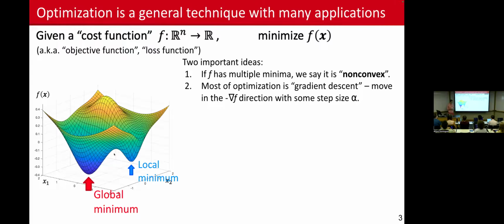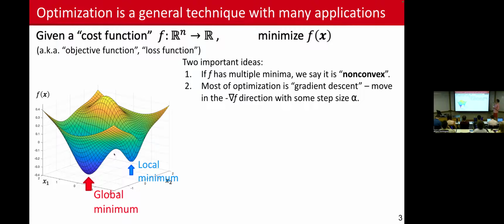Okay, so some basics in optimization. All optimization means is you have what's called a cost function, or you can call it an objective function or loss function. You have some function that takes you from an n-dimensional space to a scalar, and we want to minimize that quantity. There are two primary ideas in all of optimization.